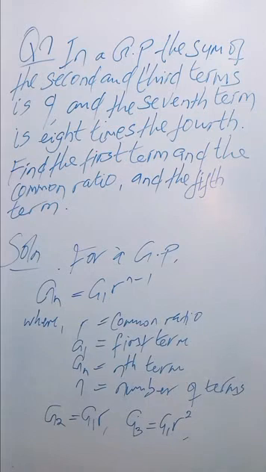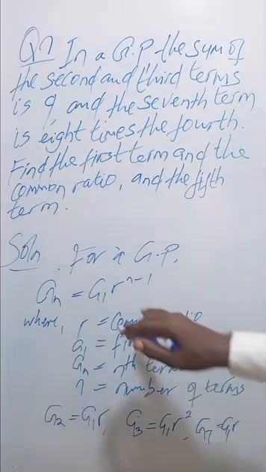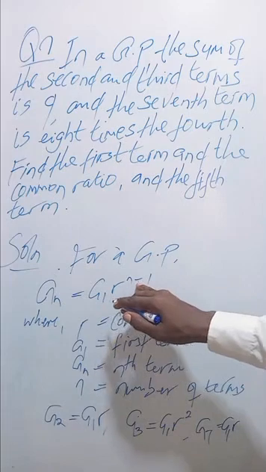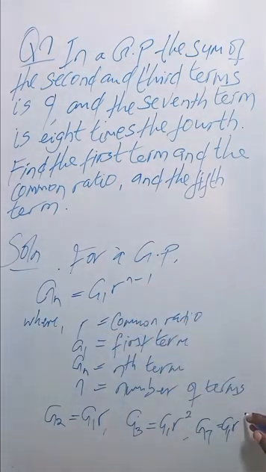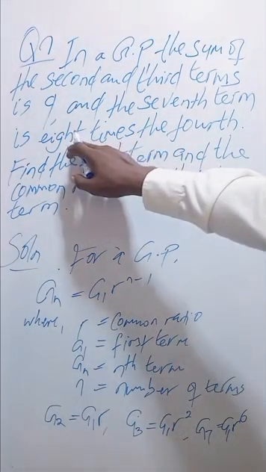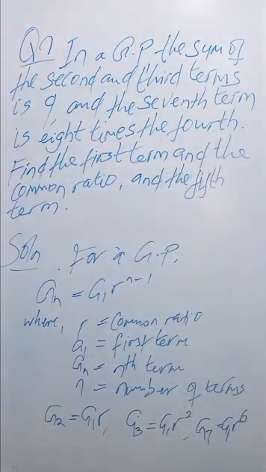Then what else do we have from this question? The seventh, that is G7. G7 will be equal to G1 times R, put here 7 minus 1, this is 6. What about 8 times the fourth?